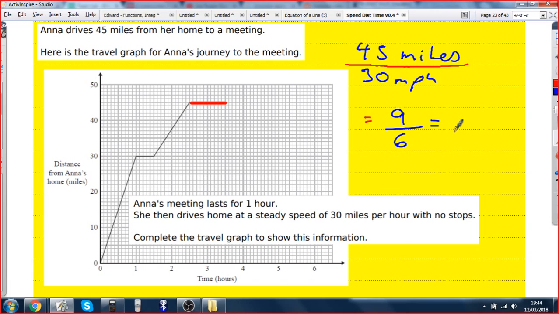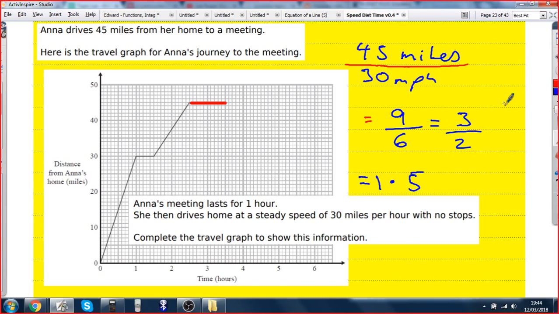And then I don't know what that is. What can you divide top and bottom by? 3. Yep. So 3 and 2. So 3 divided by 2? Half of 3? 1.5. Yeah. What is the unit for this that we just found?